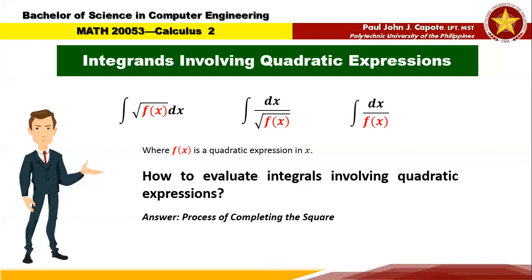I hope everyone is familiar with this completing the square algorithm or completing the square method. But for the sake of those who cannot recall the completing the square method, we have examples that will illustrate how completing the square is used.